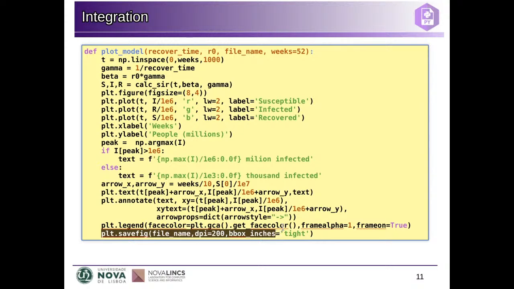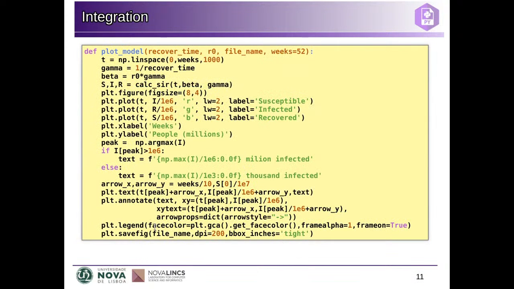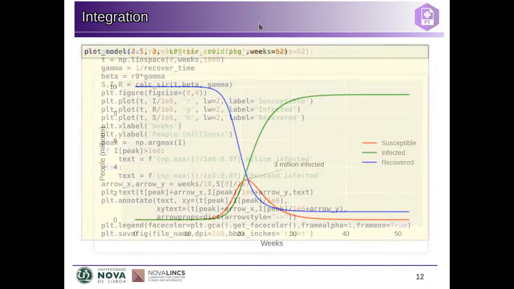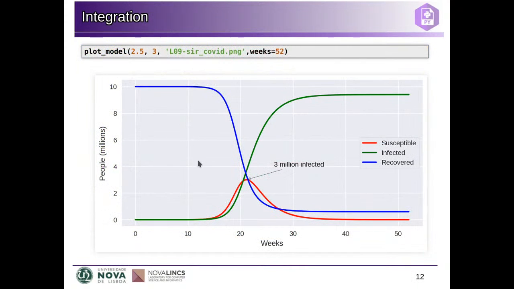So now we can add this legend here. To remove these white grid lines, I added this face color argument. So the face color is the background for the legend, where I get the color, the face color from the axis that I'm writing. So PLT is PyPlot, it's the module. GCA is get current axis, so it's going to get the current axis where we are plotting here. And get face color is going to get this background color for the axis.